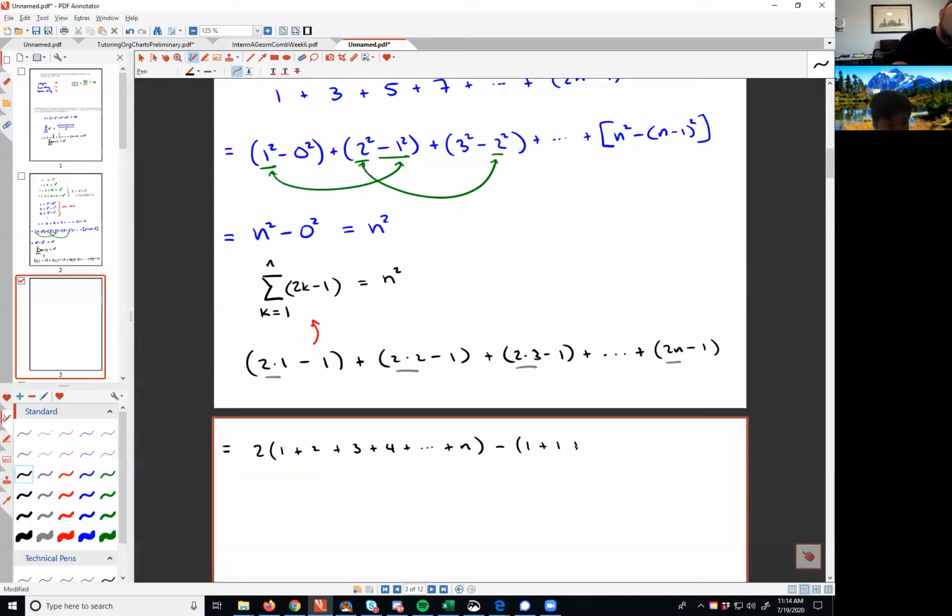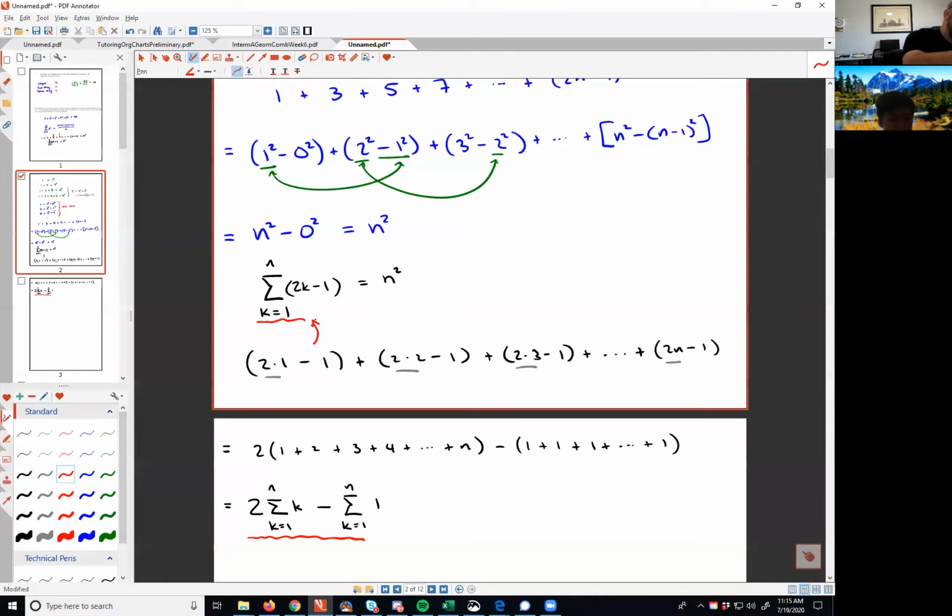Here's what I'm doing. I'm continuing to use n terms at a time so that I can rewrite this in terms of simpler summations. And now look at this and compare it to the original summation.